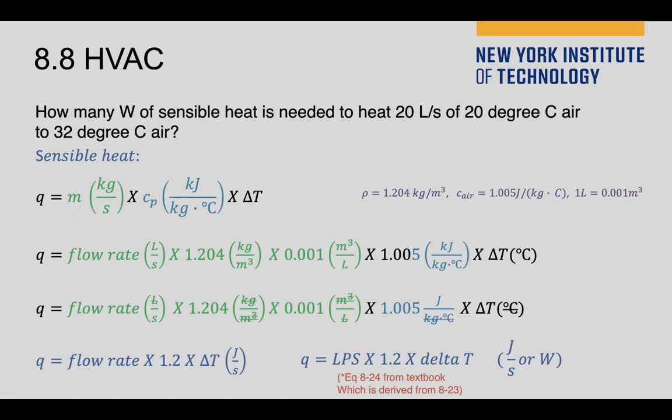Here, I would like to show you how this equation transforms to the equation of the power equal to the flow rate, in liters per second, times 1.2 times the delta T. Why do I show this equation? Because you can simply find it in your textbook. So I would like to show you the steps starting from the original mass flow rate times specific heat capacity times the temperature difference.